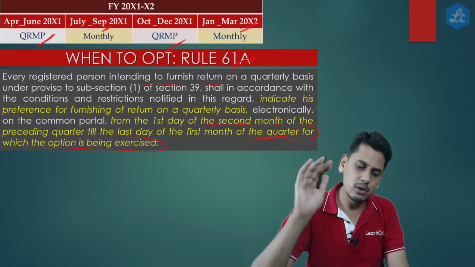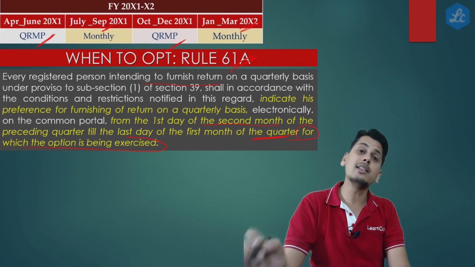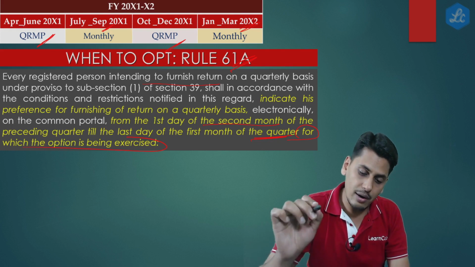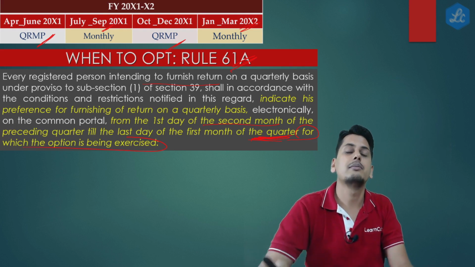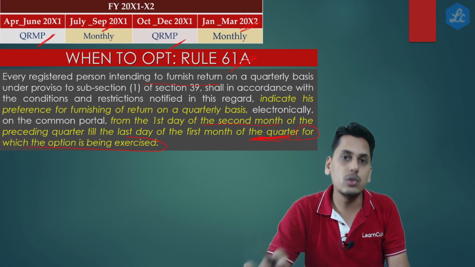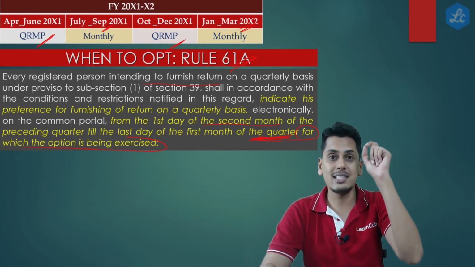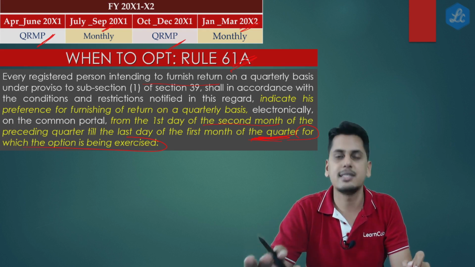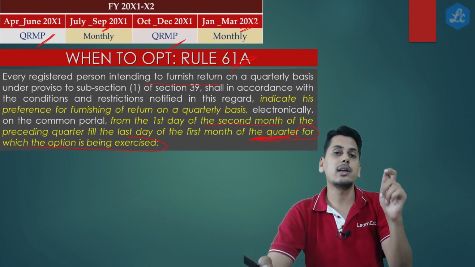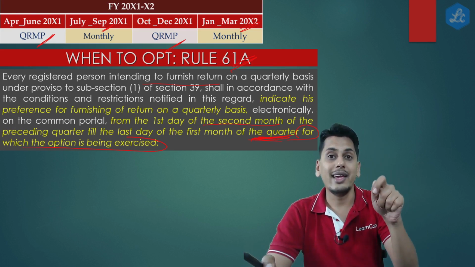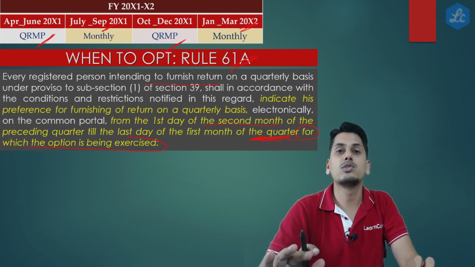If you're not convinced, let's have a look at it again. It tells you this scheme can be chosen from the first day of the second month of the preceding quarter till the last day of the first month of the quarter for which the option is being exercised, which means that you can choose the QRMP scheme quarter wise. And friends, unlike the composition scheme, where there was a specific condition that you can come out of the composition scheme in between the financial year, but you cannot opt for it in between the financial year unless you are a newly registered person, here there is no such condition.